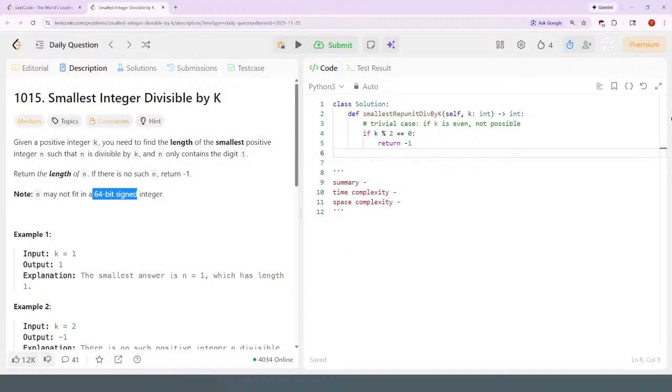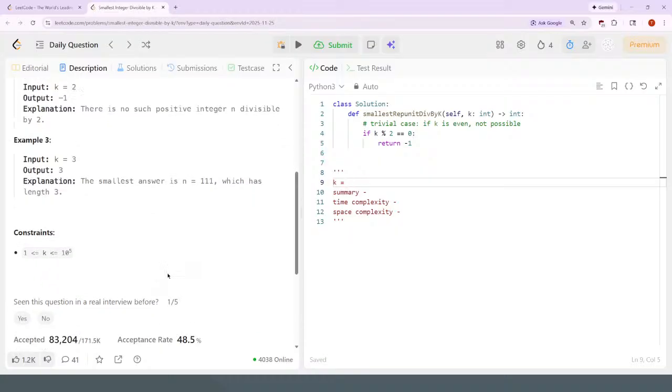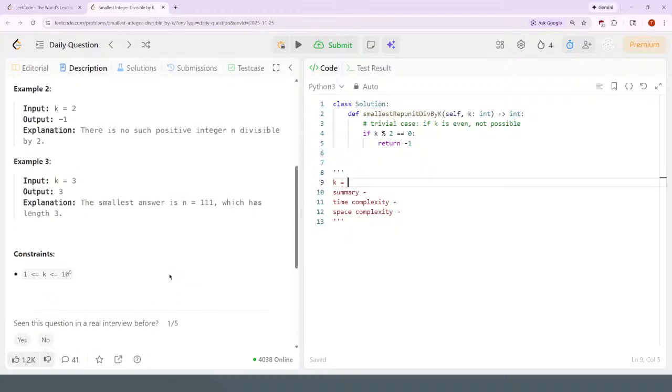So let's see. Let's take a random example. I guess the worst case is k is a pretty large prime number, because then I can't use some sort of factorization of k to simplify the calculation. So let's say 113, pretty sure that's a prime number.